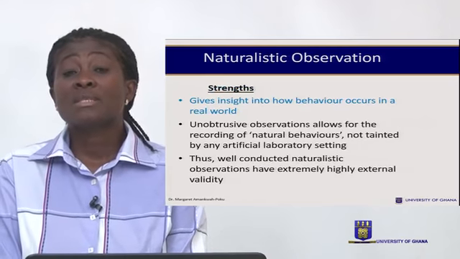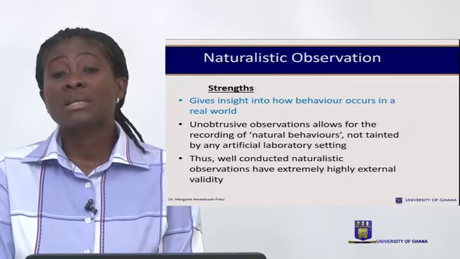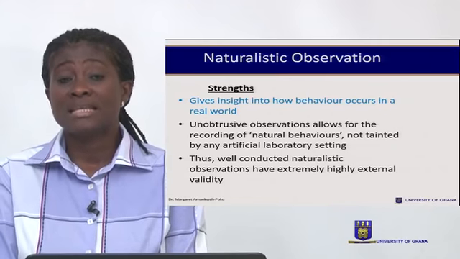A strength of this method is the fact that it gives insight into how behavior can occur in the natural world. Remember, we are not manipulating anything, we are not changing anything, we are just observing people in their natural setting. And because we do that, we are able to achieve high external validity.